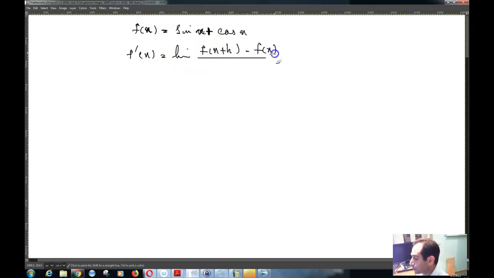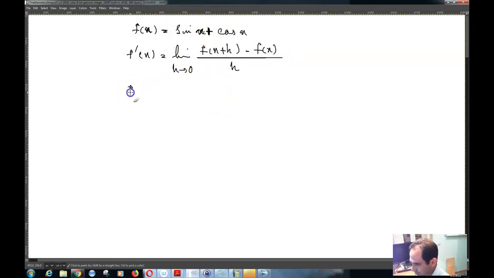If your f of x is equal to, for example, sine x plus cos x, using the first principle, you know that f prime of x is equal to the limit of f of x plus h minus f of x over h as h tends to 0.